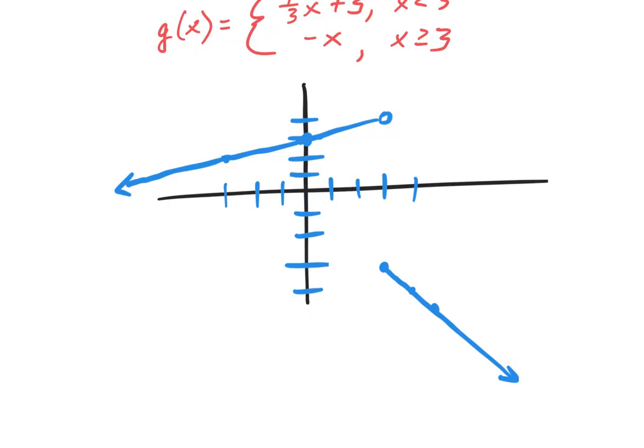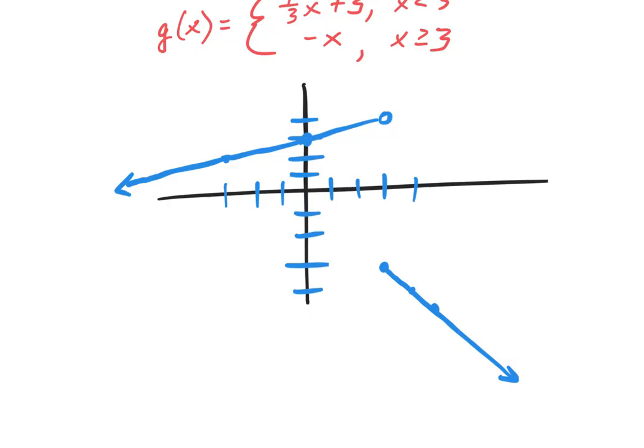Now, here's what I want to point out to you. Last chapter we talked about a function. What made something a function, especially if I had a graph? How would I determine if this is a function? Yep, all the x values have to be different. Okay, what if I gave you a graph? What did we do if I gave you a graph to determine? The vertical line test, right?